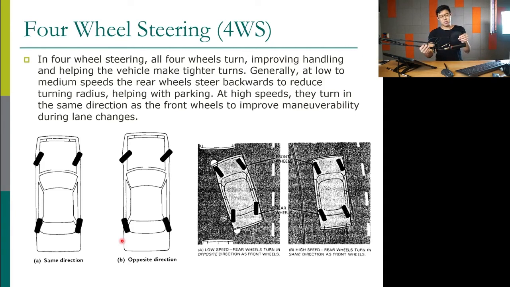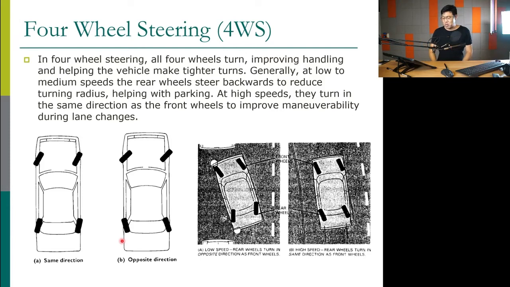It's not really very efficient when we do a U-turn. If we want to turn in a very tight curve, it would be better, right? So if we can turn the rear wheels also, if we turn the front wheel to the right and the rear wheel to the left, we can make a U-turn faster.